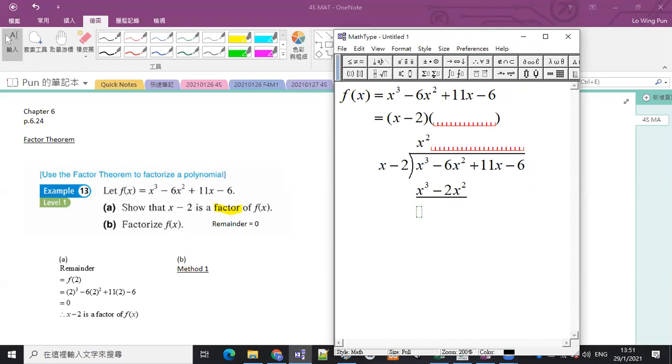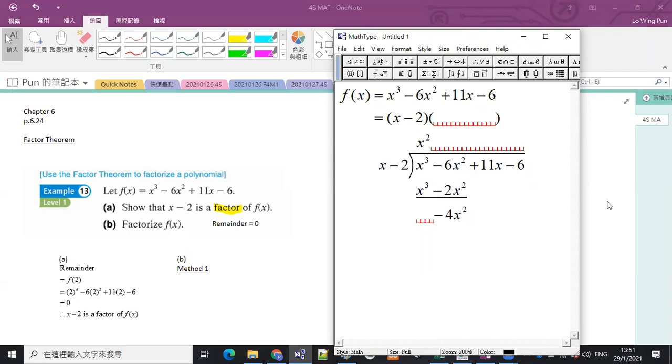Before the next round, we need to do the subtraction. The first column, x cubed minus x cubed, cancelled. And then for the second column, negative 6x squared minus negative 2x squared, 負6x 2次減負2x 2次，變咗做 negative 4x squared, right?